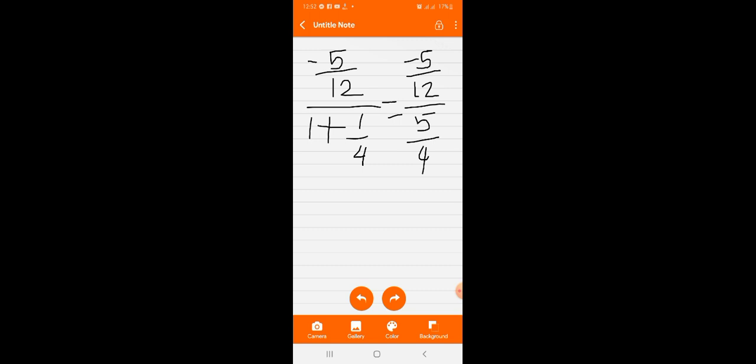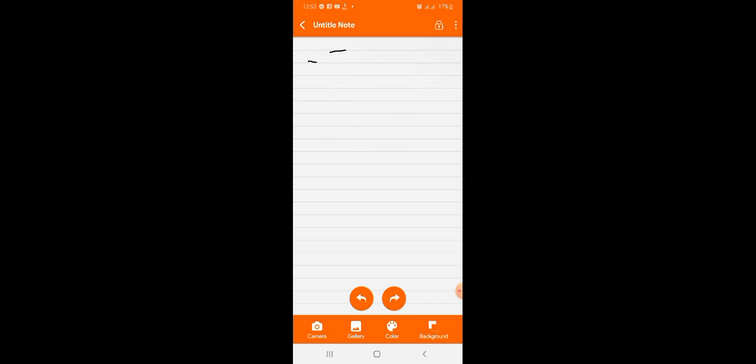Then take the reciprocal of the 5/4, so the 5s cancel. Then we divide, and we get negative 1 over 3.